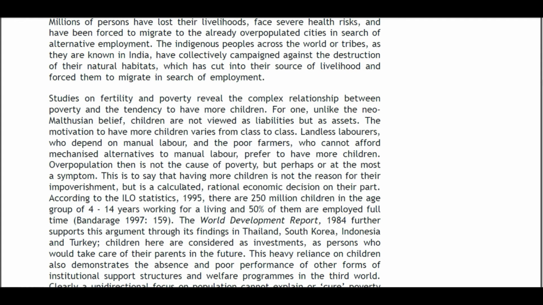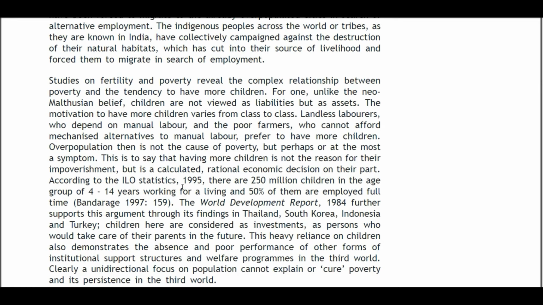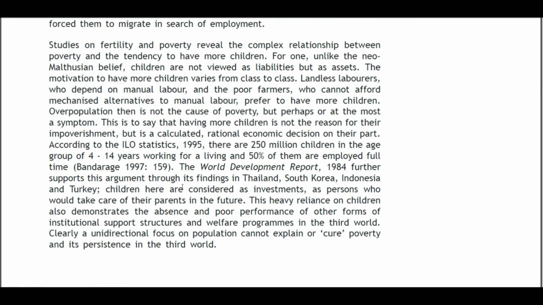Landless laborers who depend on manual labor and the poor farmers who cannot afford mechanized alternatives to manual labor prefer to have more children. Overpopulation then is not the cause of poverty but perhaps, at the most, a symptom. This is to say that having more children is not the reason for their impoverishment, but it is a calculated, rational economic decision on their part.